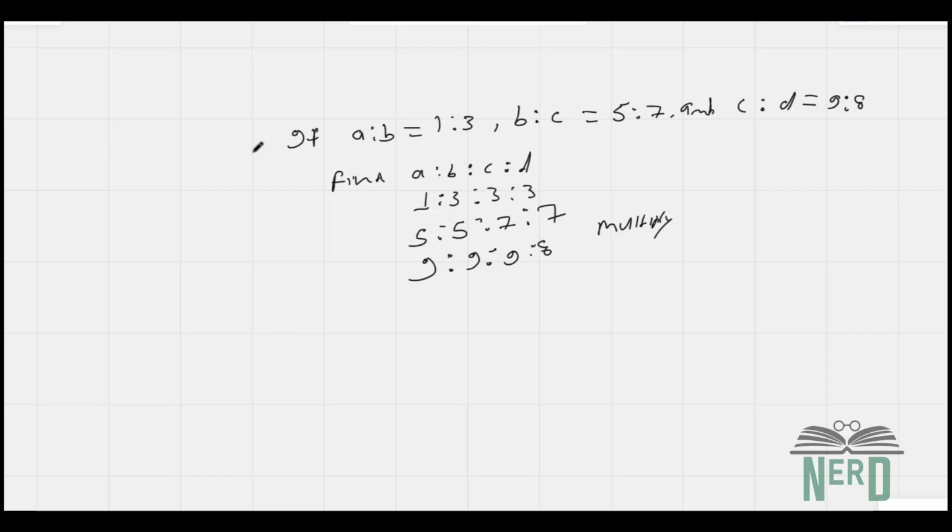So if you multiply, 9 into 5 is what? 45. And 45 into 3 will be 135. Exactly the same way here, 21 is 189. And again similarly, when we calculate, it will be 168.